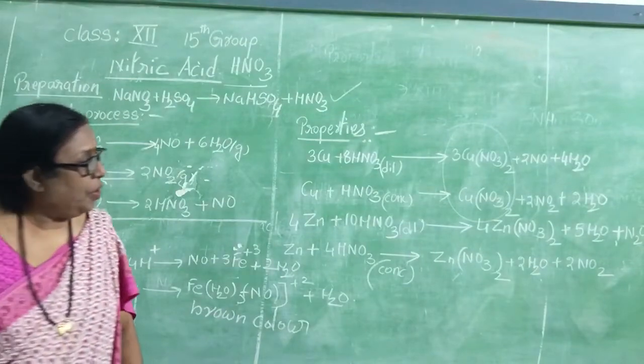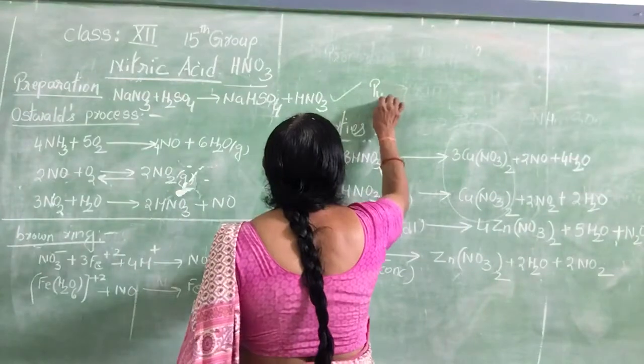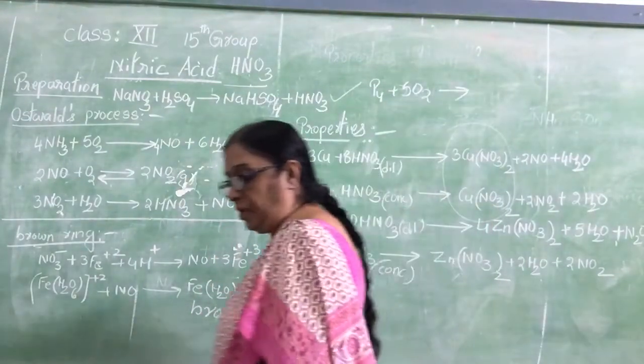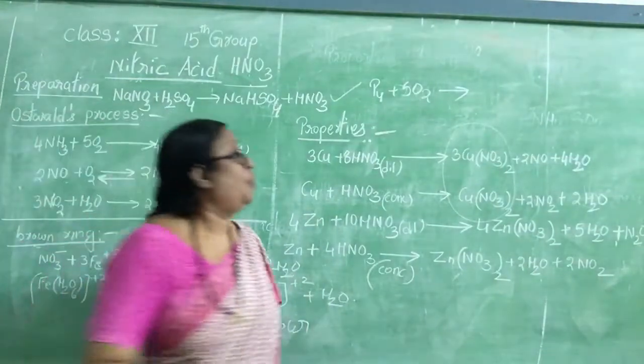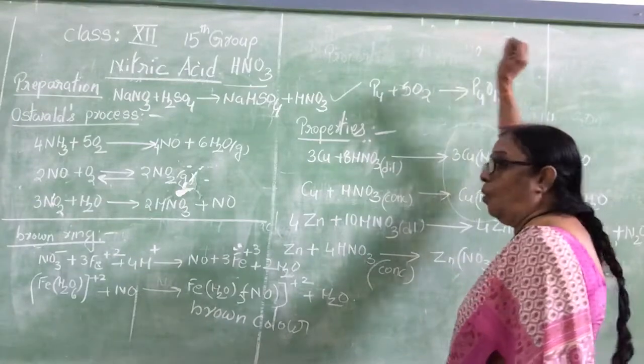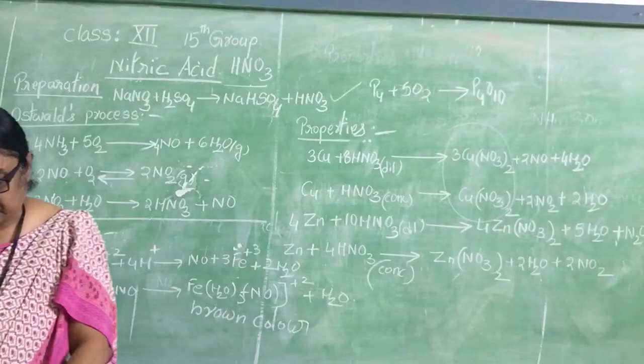Now P4 plus 5O2 will give you what? P4O10. Clear children?